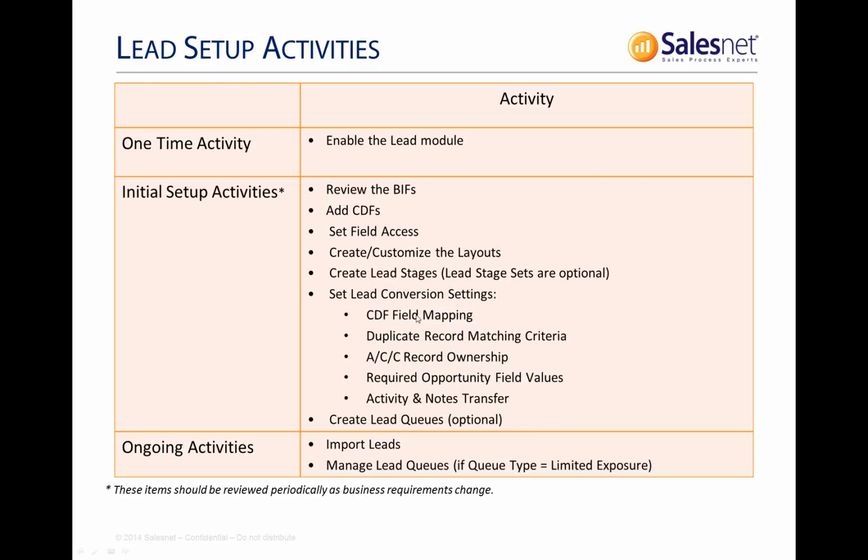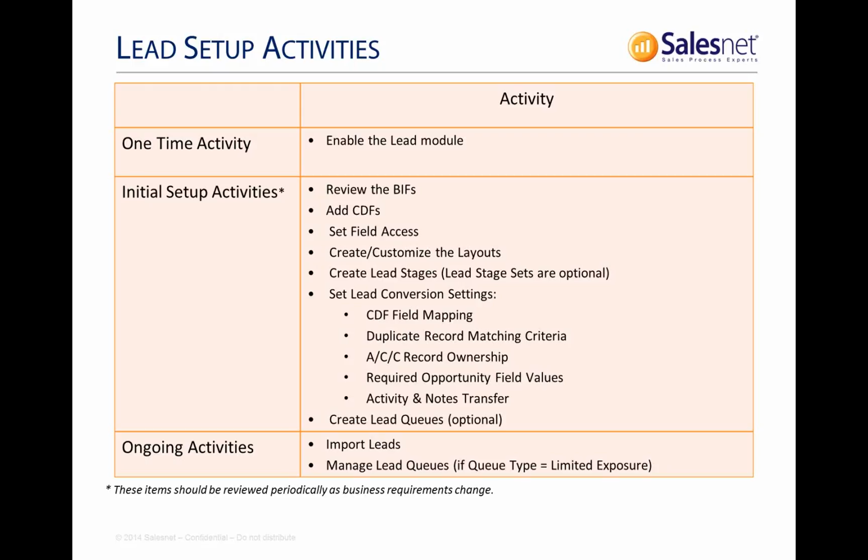One of the things is fields. If we have fields in the lead area, we want to be sure that they get passed over to the account and contact records, for example. So we want to make sure we have that mapping in place. If we're converting accounts and contacts, we want to make sure that we're finding duplicates wherever possible.